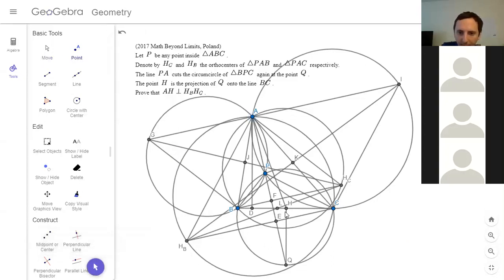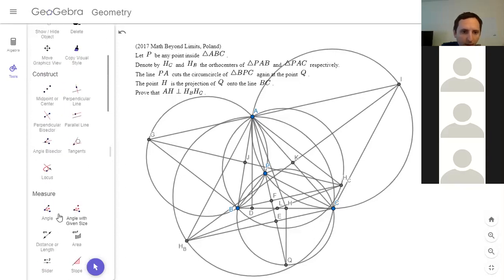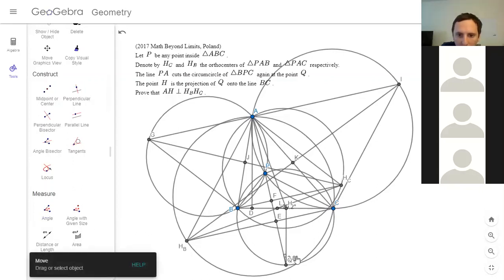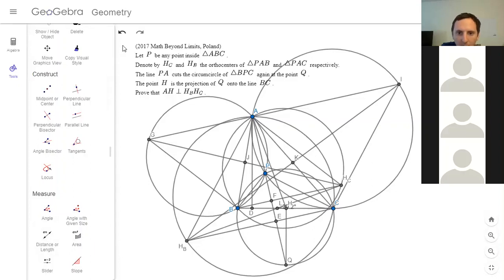I know it seems kind of weird, but basically we'd have angle HCLC, we want to show that's equal to angle AQH, right? So that's, wait, what did I do wrong there? Because this is perpendicular to this, and we want to show that that is perpendicular to that. So why doesn't that work?